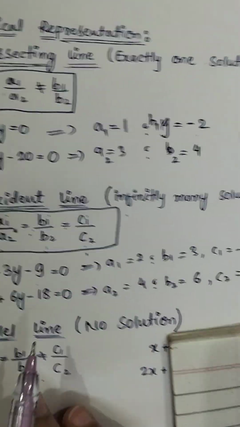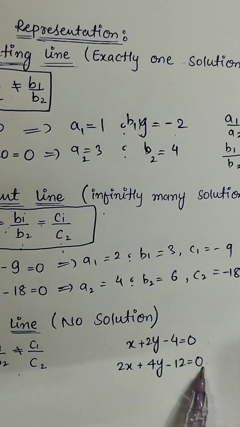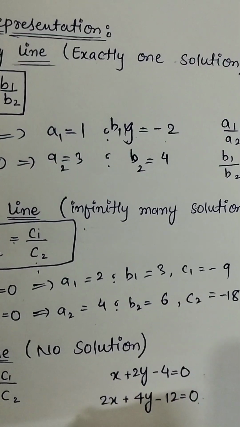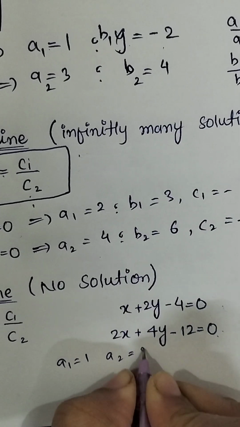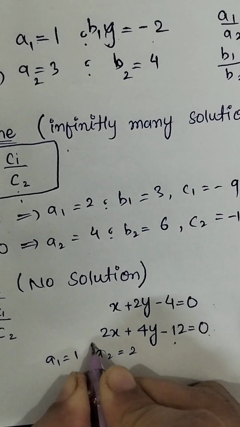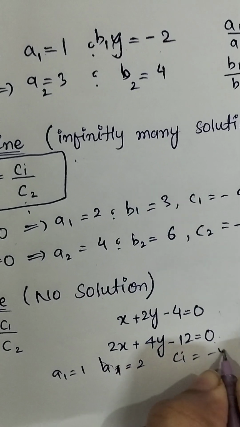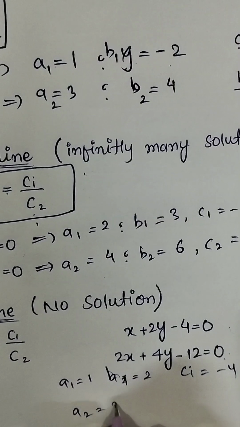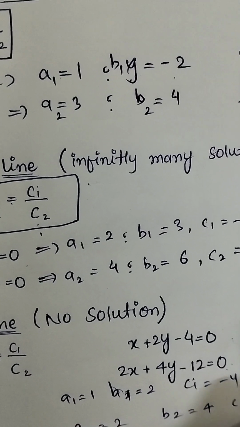Now we have the equations x plus 2y minus 4 equal to 0, and 2x plus 4y minus 12 equal to 0. Here a1 is 1, b1 is 2, and c1 is minus 4. a2 is 2, b2 is 4, c2 is minus 12.